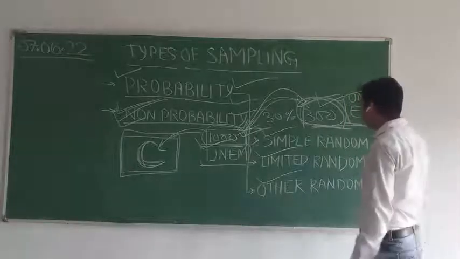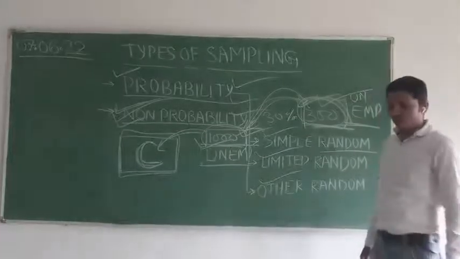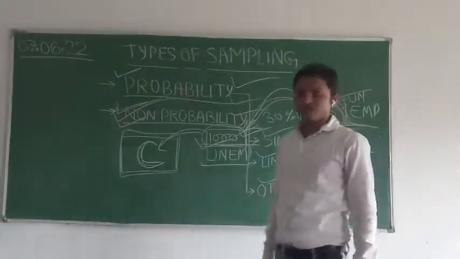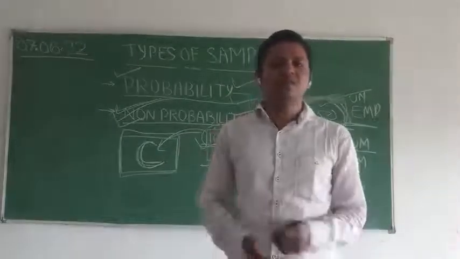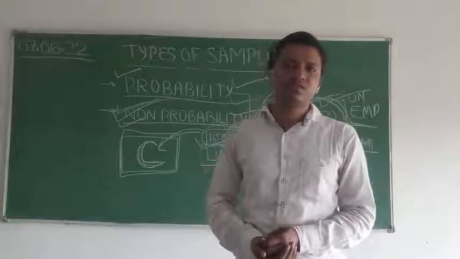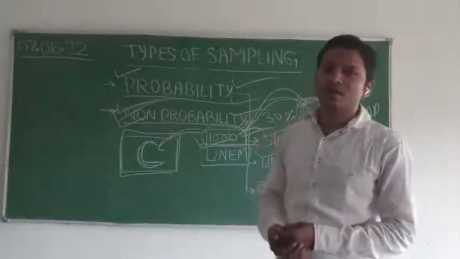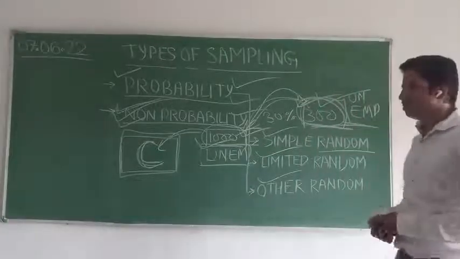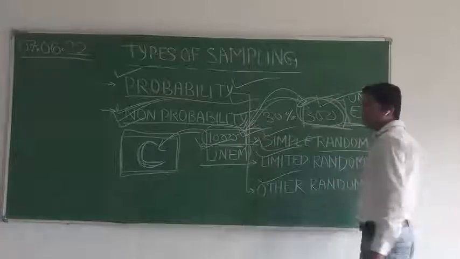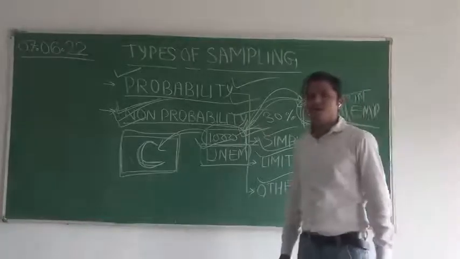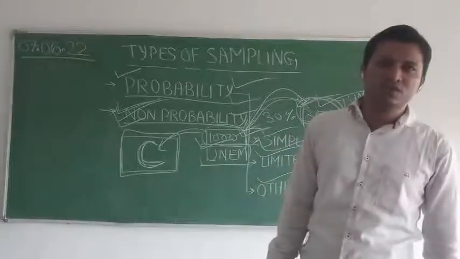In simple random sampling, we can choose anyone from the universe, with the same properties and characteristics which we have already discussed about probability sampling. Everyone can be chosen as a sample in simple random sampling, and it is a sudden selection process.